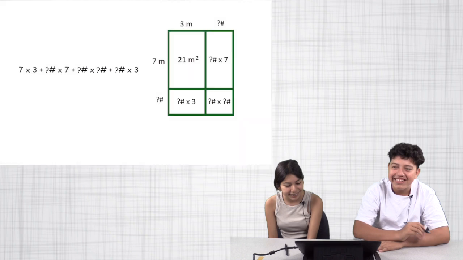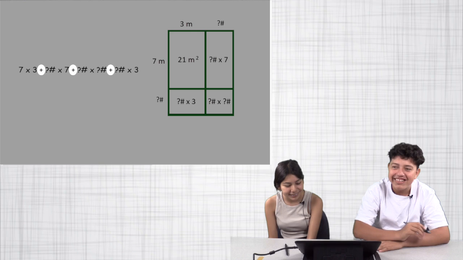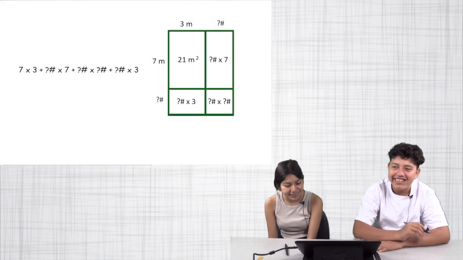Then they added together the areas of the 4 parts to give them the area of Ariana's new garden. Next, they use algebra to write an expression that represents their second method for finding the area of Ariana's new garden.